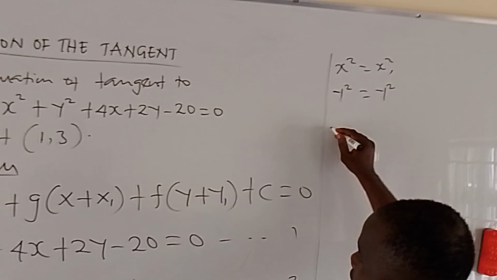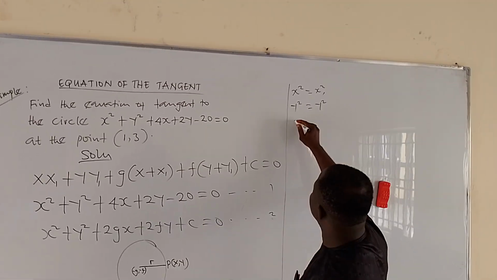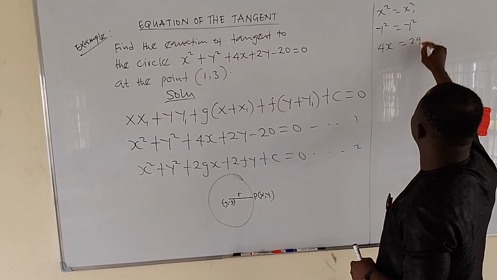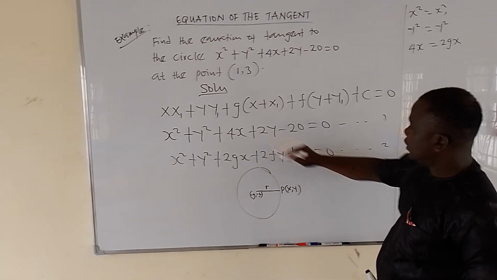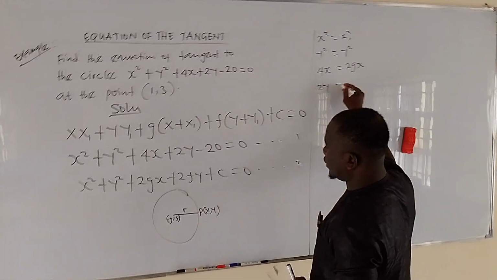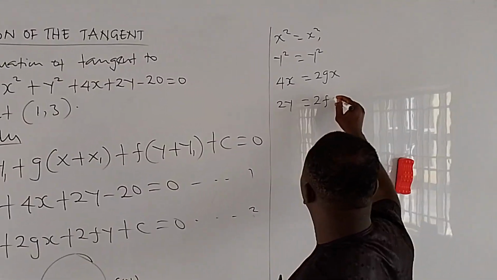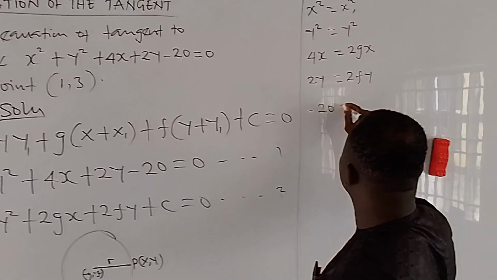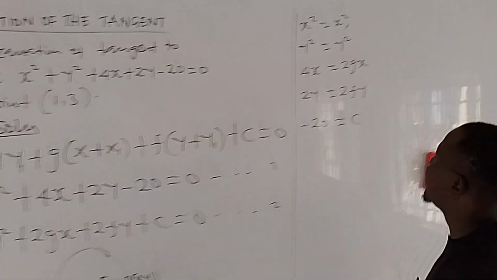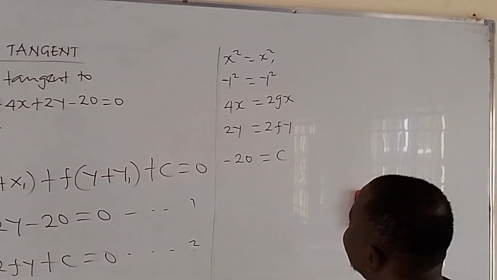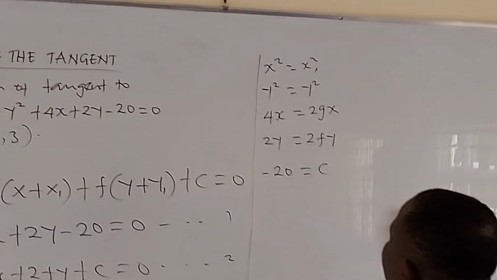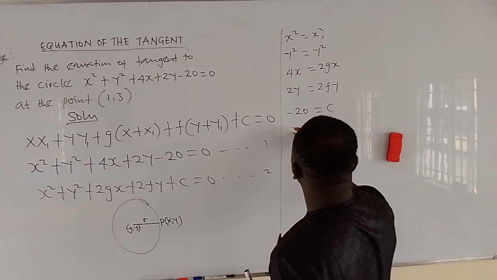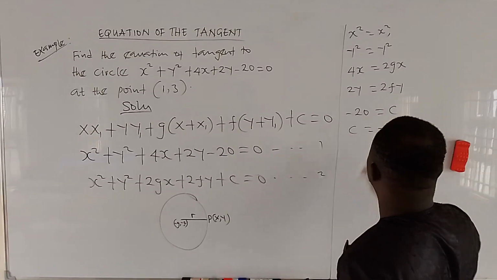Then 4x equals 2gx, then 2y equals 2fy, and minus 20 is equals to c. So this is how we are going to obtain our g, f, and c. Already, your c is minus 20, true or false.